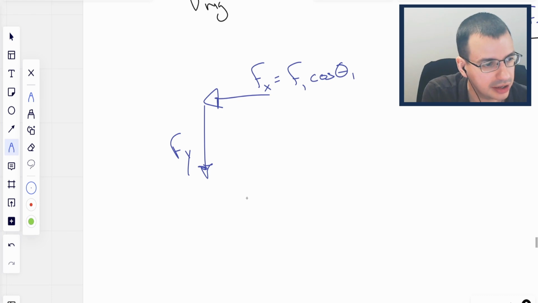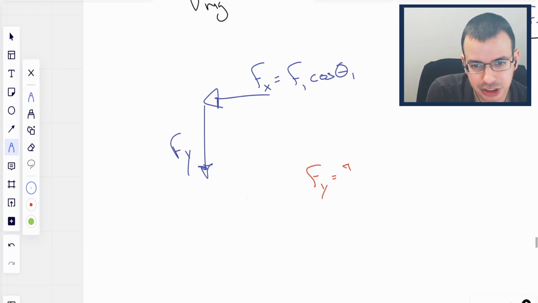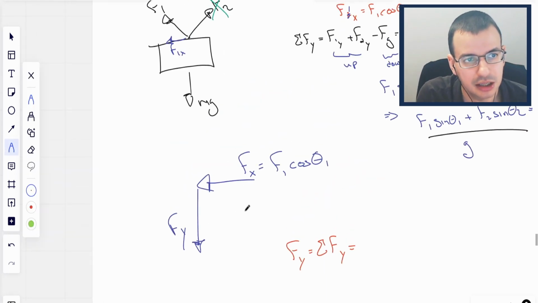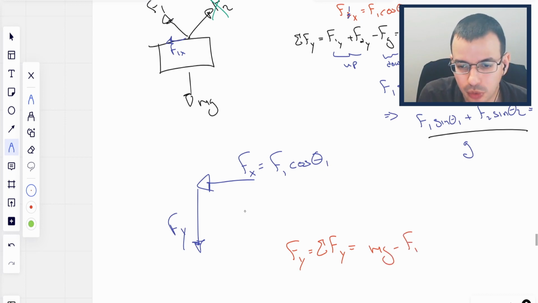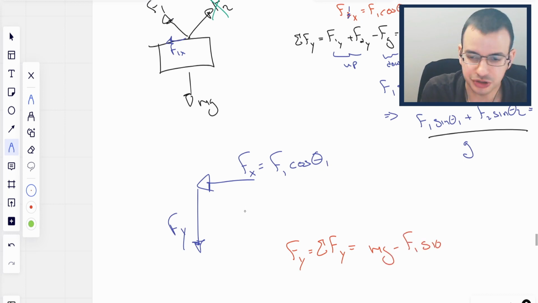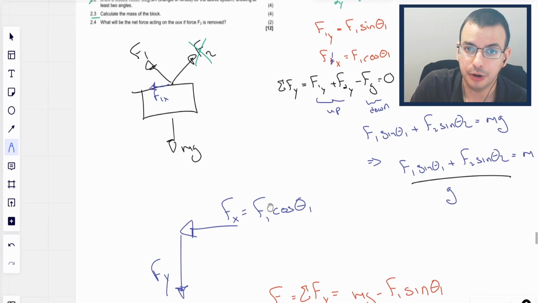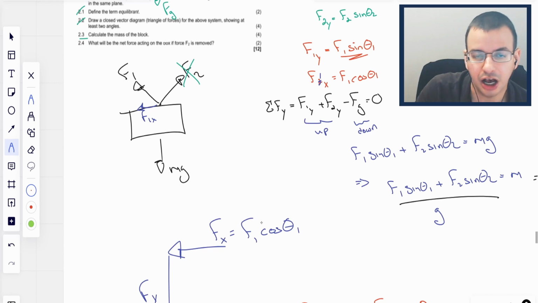And then Fy is going to be the sum of all forces in the Y direction, which is going to be mass gravity minus F1 sine of theta, because we decided that F1 sine of theta is the Y component of F1.